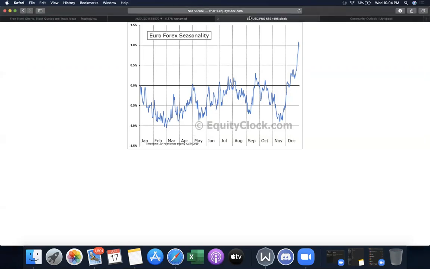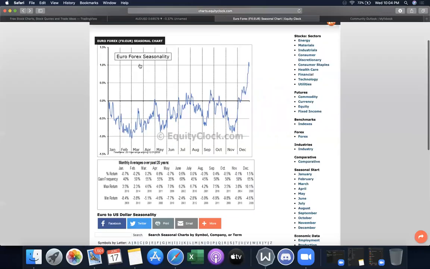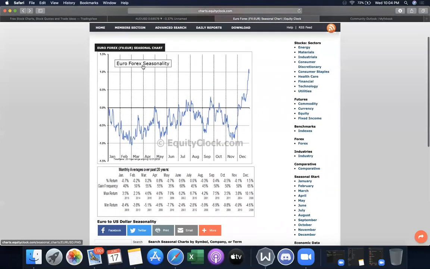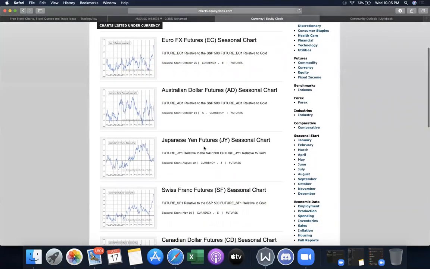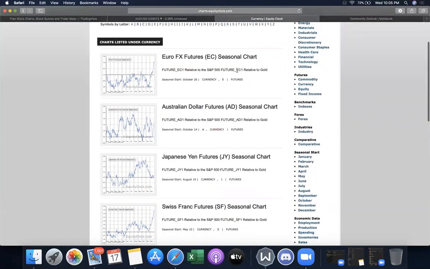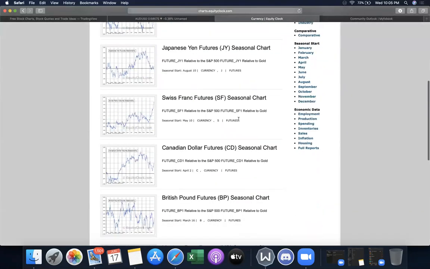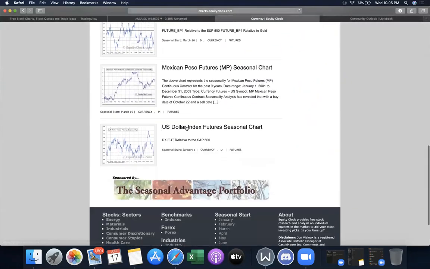Another one we can go look at is the actual US dollar, which is under currency in the futures market. All the other ones are under Forex, but if you go to the futures one, currency, you'll see these are based on the futures market. What we're looking at is the US dollar index right here.